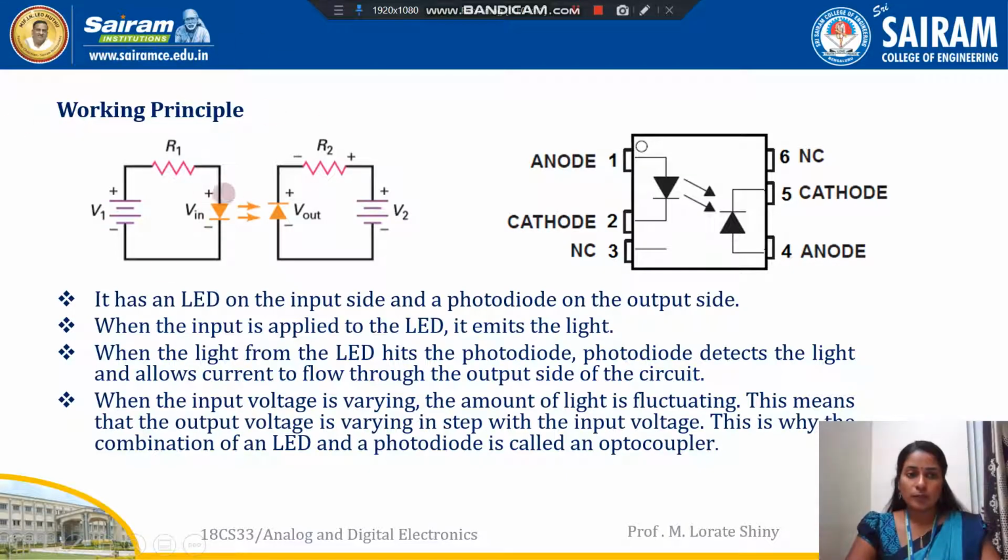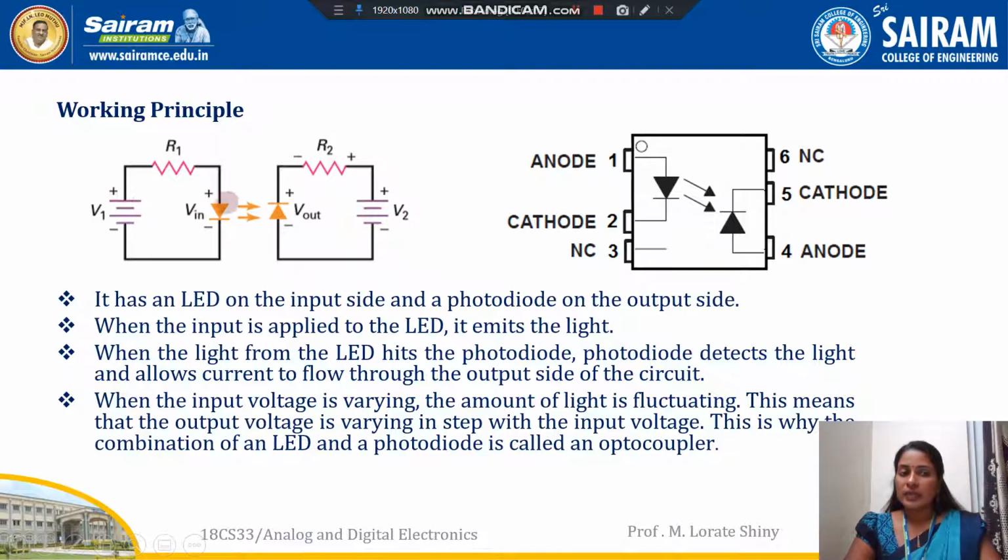This is the working of LED. When it emits light, this light will be detected by the photodiode kept on the receiver side. When the photodiode detects the light, it produces current. This is the working of the photodiode. We have learned both of them already.